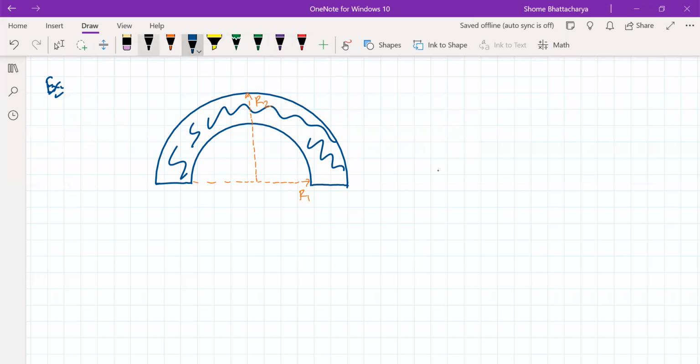Given that R1 is equal to 4 centimeters and R2 is equal to 6 centimeters.